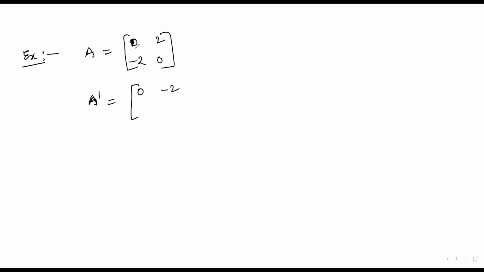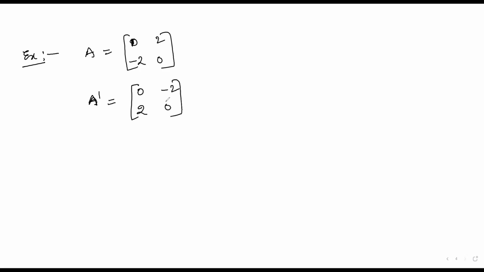Okay, so I'll give an example. A equals, let's say, 0, 2, minus 2, 0. You do A transpose. What do you get? 0, minus 2 in the first row, and 2 and 0 in the next row.